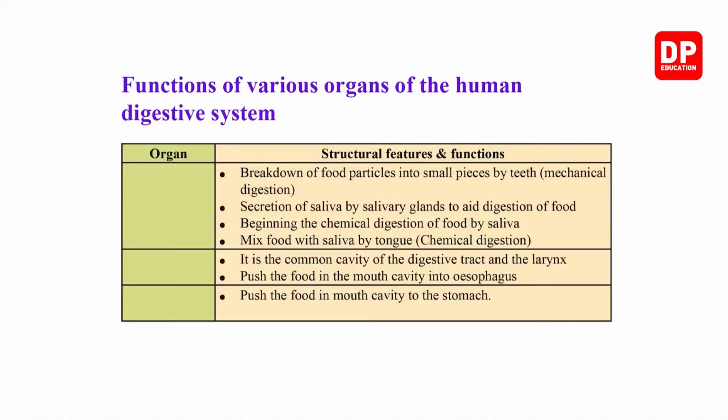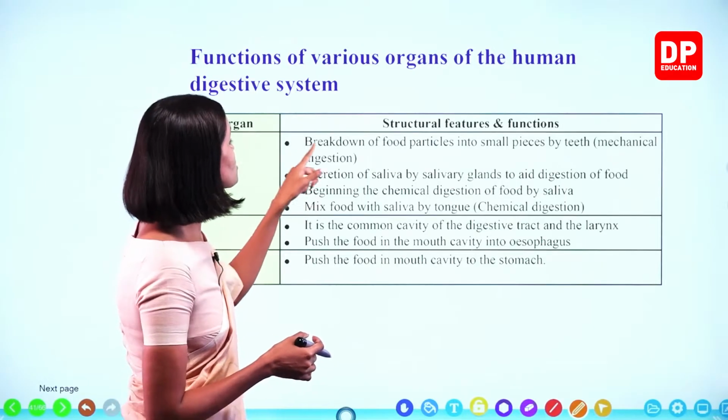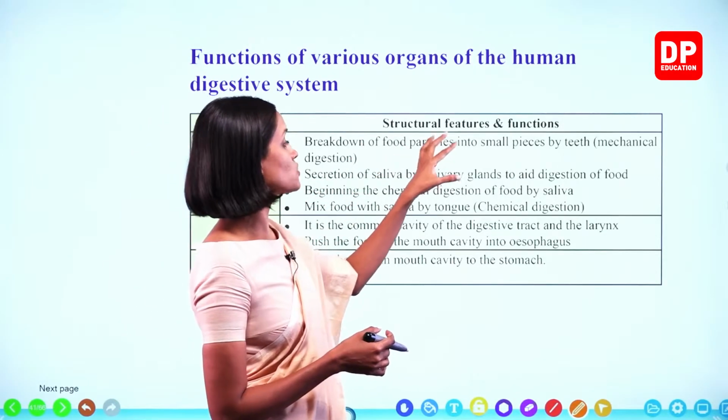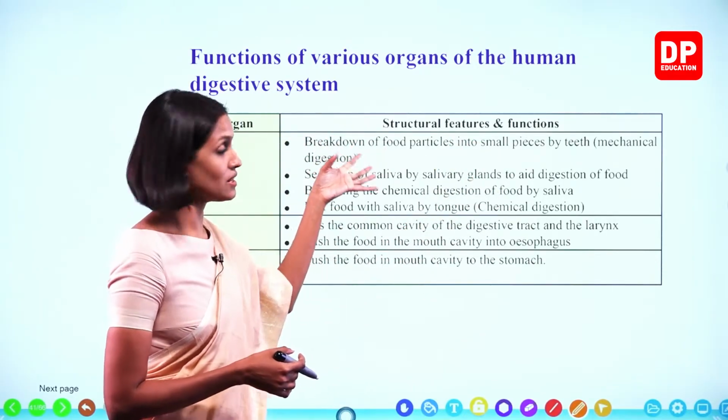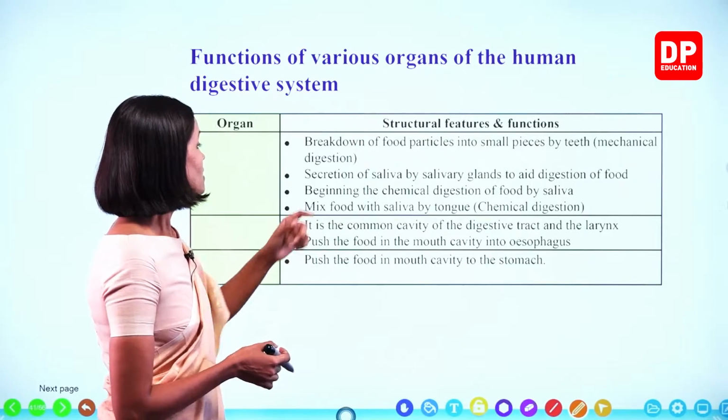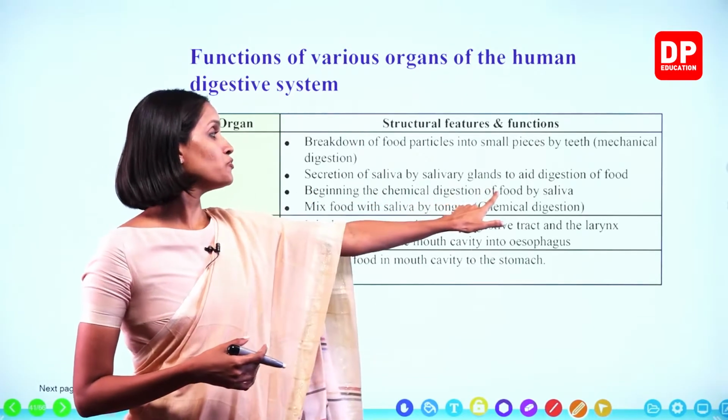Mechanical digestion. We learned that the bigger food pieces are broken into small food pieces by the mouth cavity, and this type of digestion is known as mechanical digestion, right? And secretion of saliva by salivary glands to aid digestion of food. That also happens in the mouth cavity. So, beginning the chemical digestion of food by saliva.